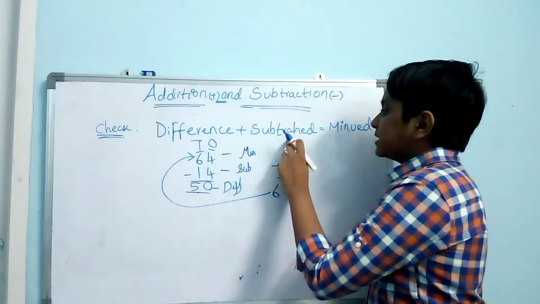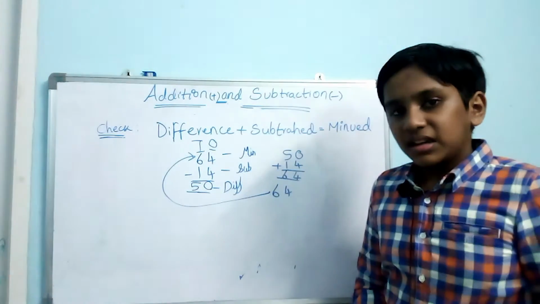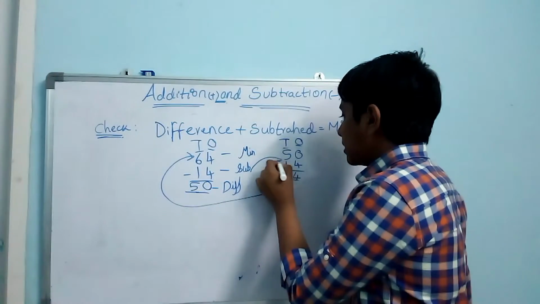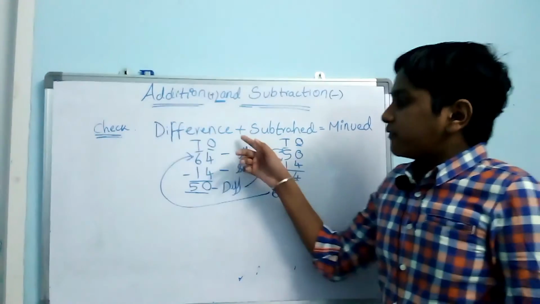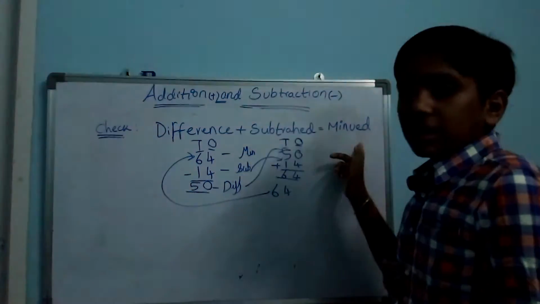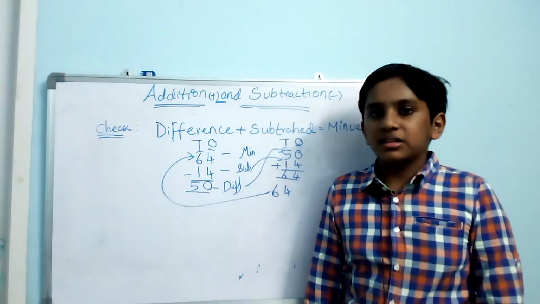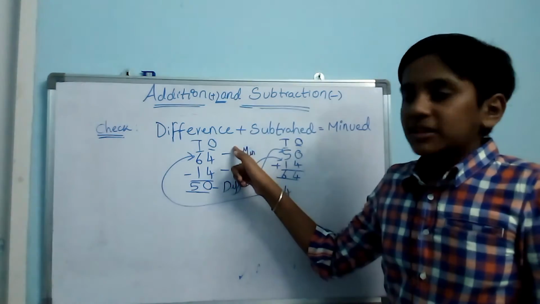And my friends, here if difference plus subtrahend is minuend, then the subtraction is correct. My friends, 14 is the subtrahend and 50 is the difference. Difference plus subtrahend is minuend. My friends, if you want to check if your subtraction solution is correct, then this formula applies.